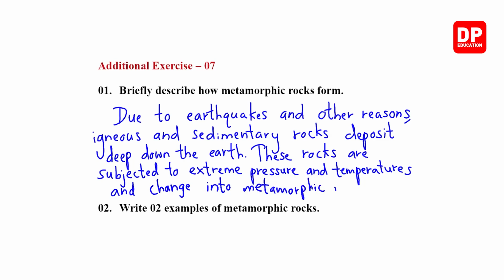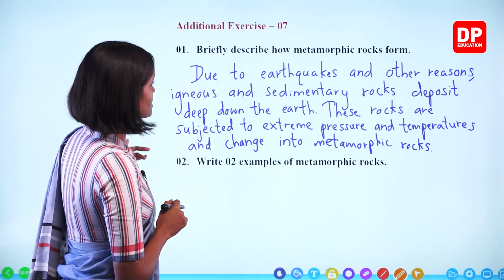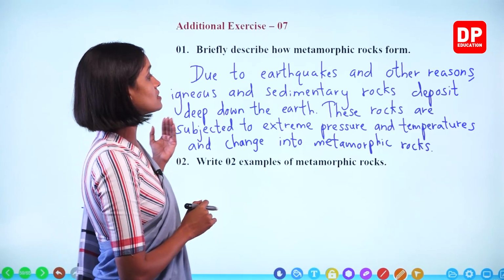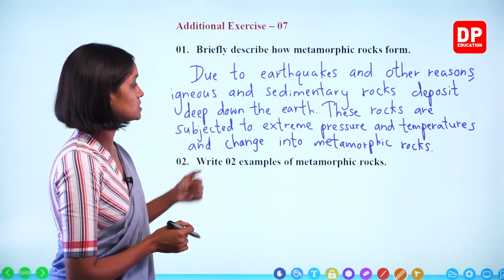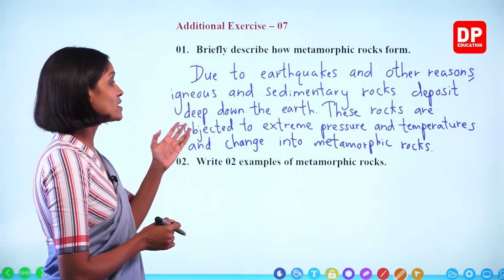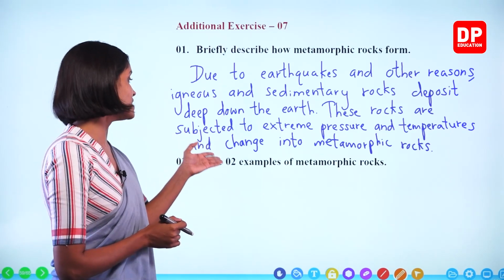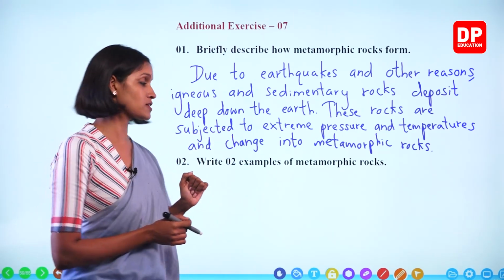Metamorphic rocks. Due to earthquakes and other reasons, igneous and sedimentary rocks deposit deep down the earth. These rocks are subjected to extreme pressure and temperatures and change into metamorphic rocks.